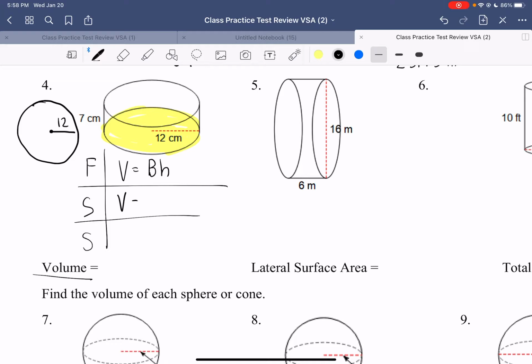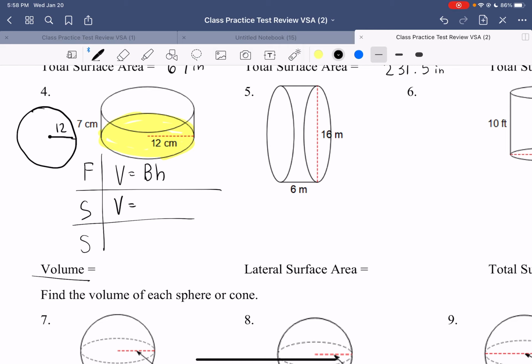In order to find big B, remember from the top, the area of the base is pi radius squared. So now we're going to have pi times 12 squared times the height, which is 7.